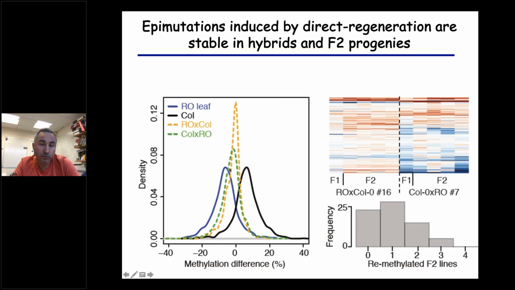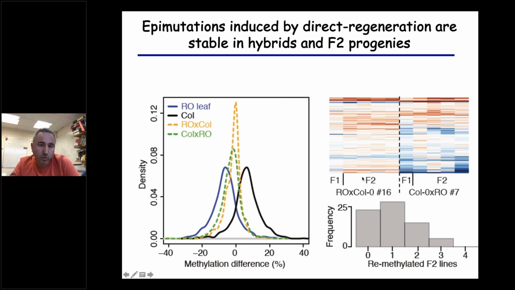And what we found is that the F1 hybrids, irrespective of the transmission, maternal or paternal, had an intermediate level of DNA methylation, suggesting that the chromatids that the hybrid was inheriting were able to maintain the DNA methylation status inherited from the parents.